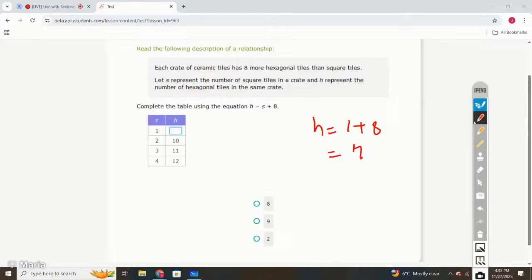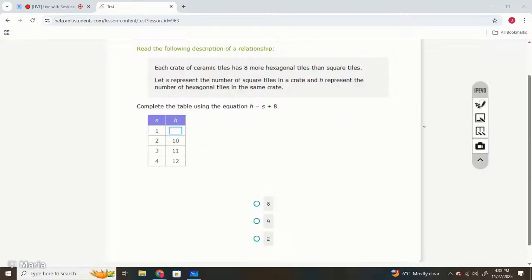So 1 plus 8 is 9. It is option number 2, the correct option.